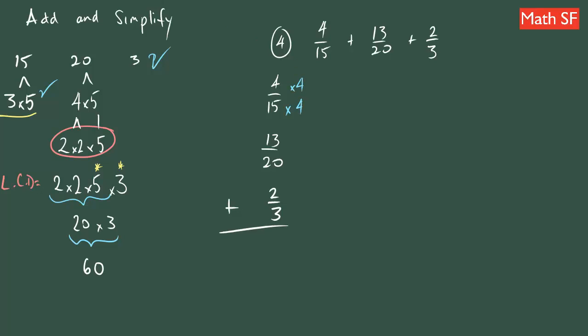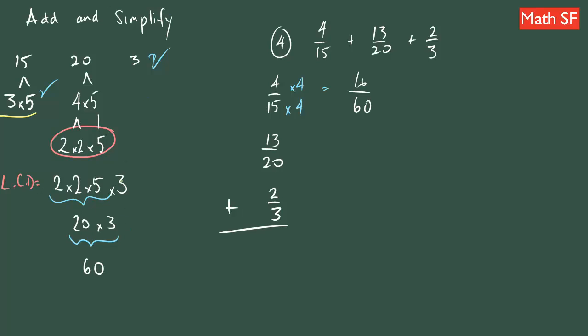To find an equivalent fraction, we multiply top and bottom. Then what will we obtain here? We'll obtain 4 times 4 is 16 over 60. We will do the same thing for the 20. 20 times what number gives you 60? 20 times 3, you can see here that 20 times 3 gives you 60.